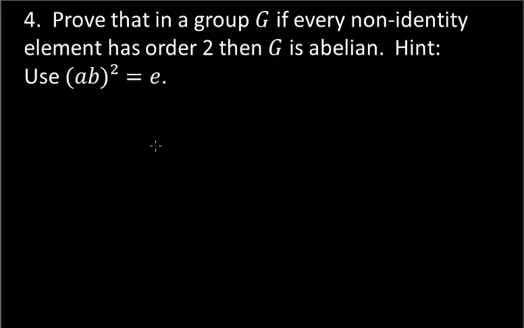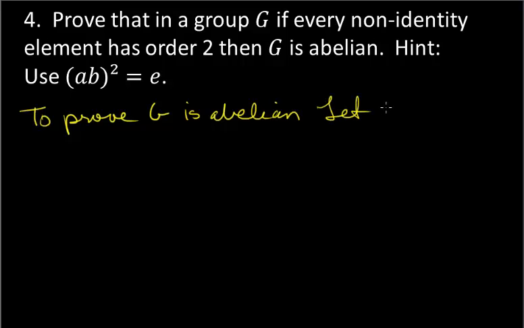This question was missed by many of you because you didn't see. Well, I forgot exactly where I was here, but if you want to prove, let's write this in a different color, to prove G is abelian, you could let A and B, or X and Y, whatever, be in G, and prove that AB is equal to BA.